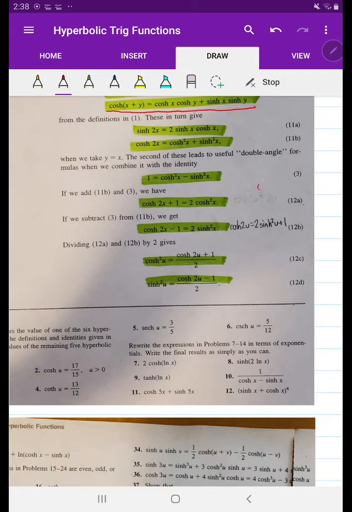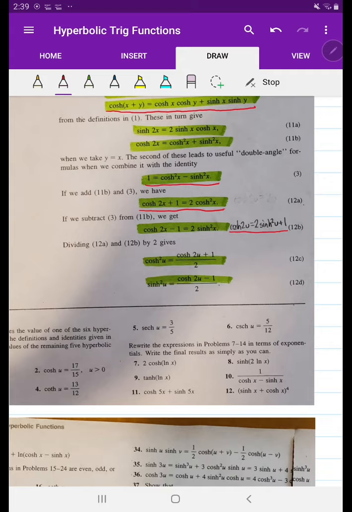And then we talked about this Pythagorean identity, 1 equals cosh squared minus sinh squared, and then we can kind of rework some of what we have from the double angle identities and get cosh 2x plus 1 is 2 cosh squared x, and then we can kind of flip things around there, right, and subtract 1, and we would get cosh 2x minus 1 is 2 sinh squared x, and also cosh 2x is 2 sinh squared x plus 1.